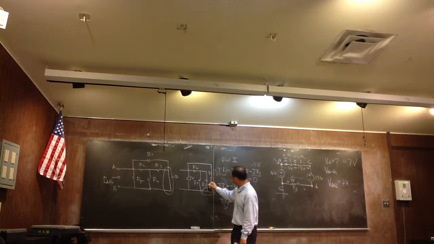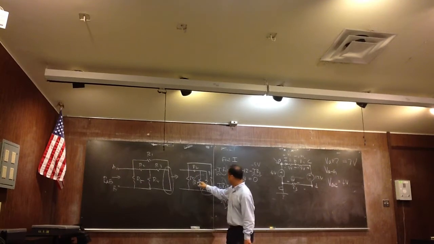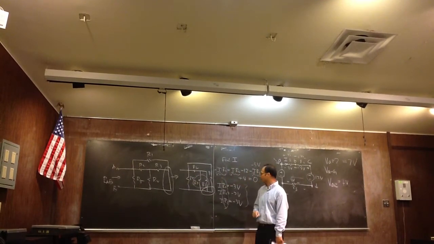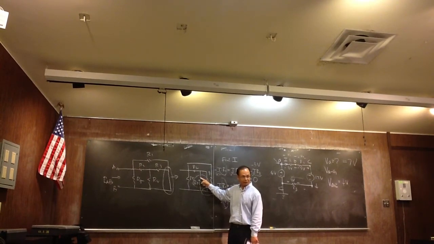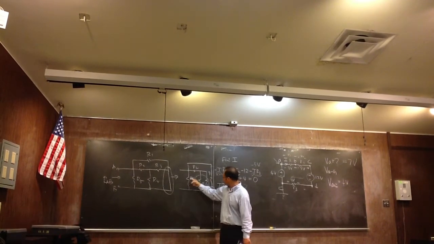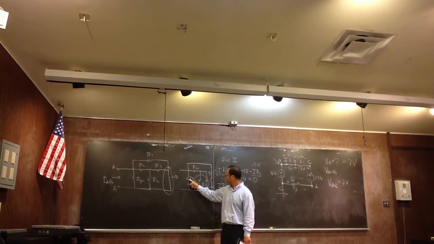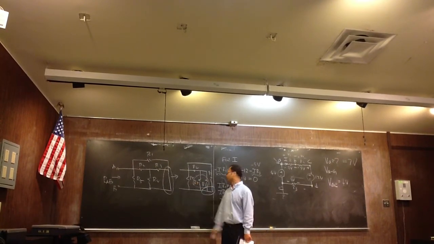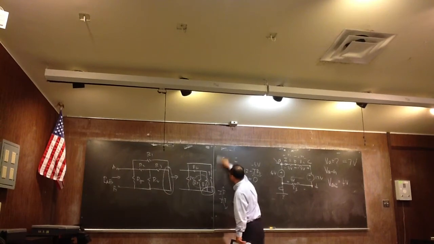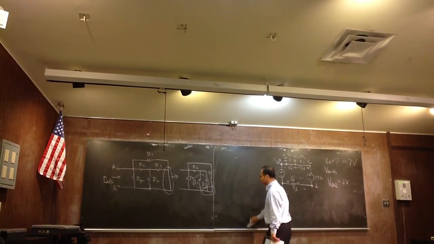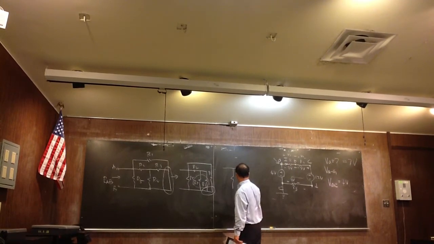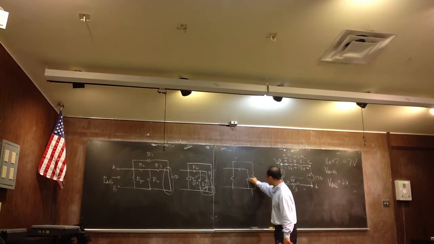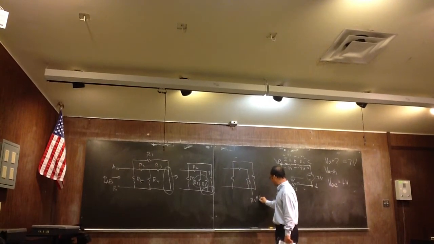So once you have that, these two are in parallel first. Then these two are in series, and then that is in parallel with 5. So the next thing you do is you have this, so this becomes R3 in parallel with R4.